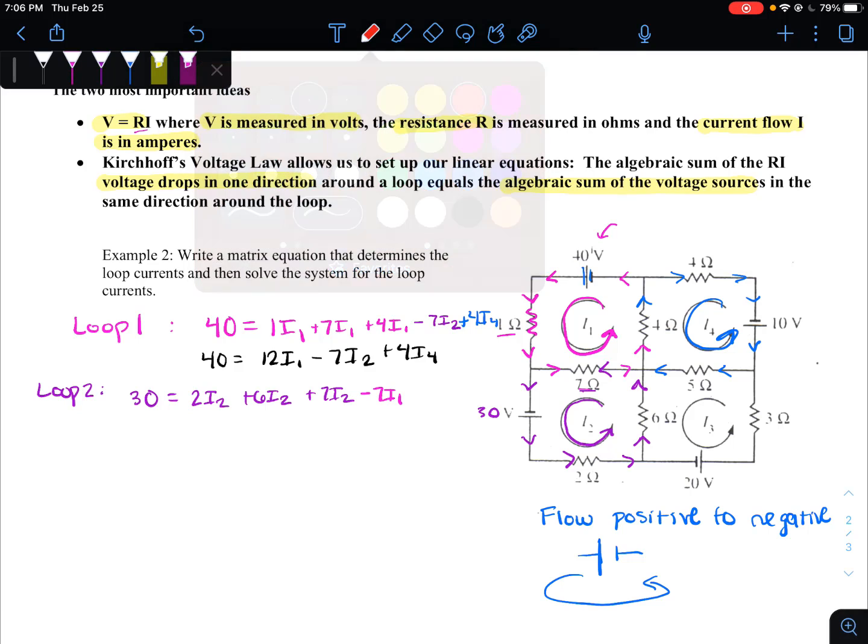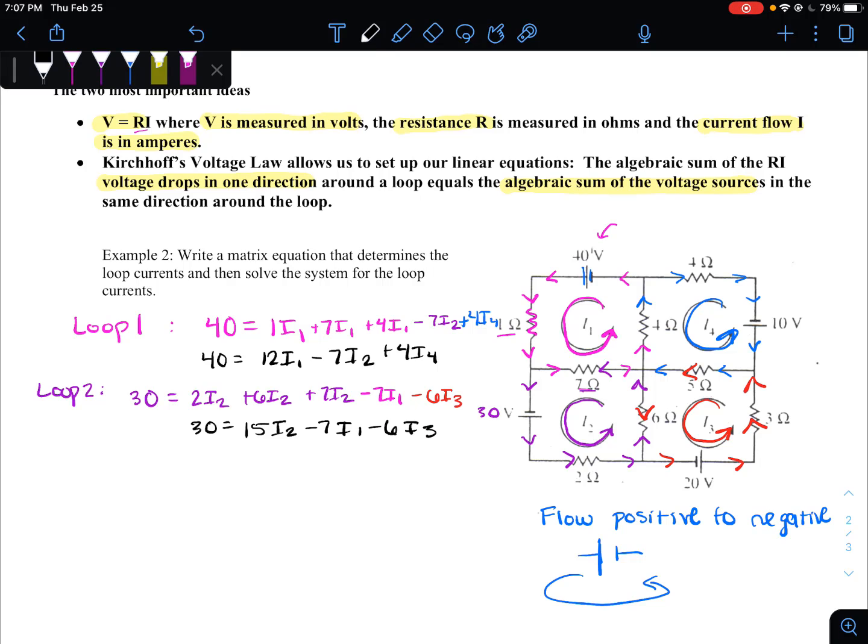And then for our last loop, I3 flowing from positive to negative, so it's flowing in the opposite direction of I2 on that border. So I have minus 6 I3. Combining those things, I have 30 equals 15 I2 minus 7 I1 minus 6 I3.